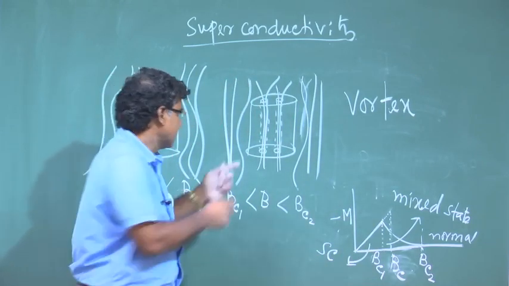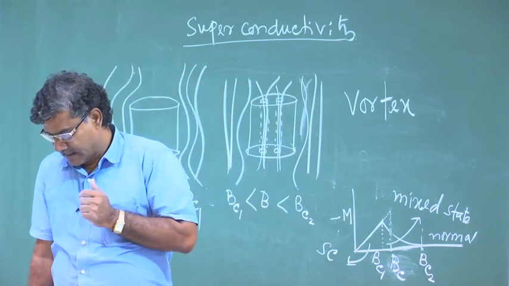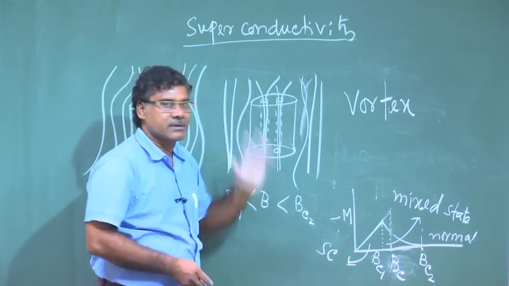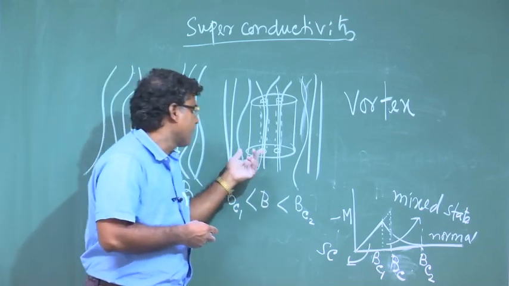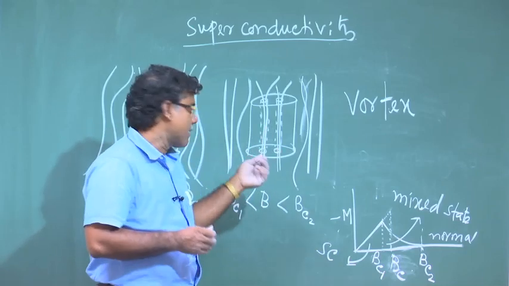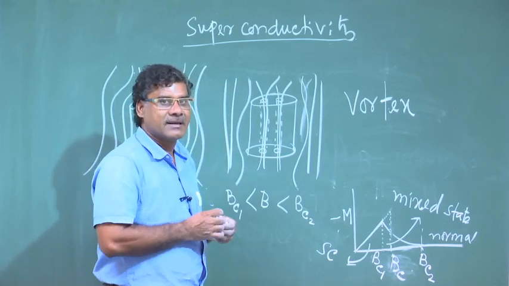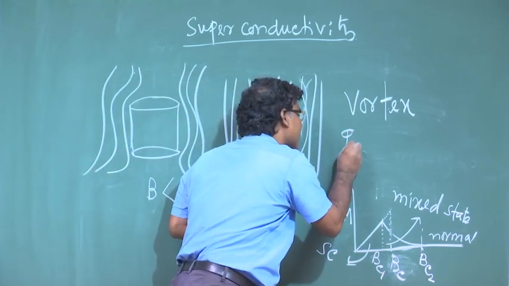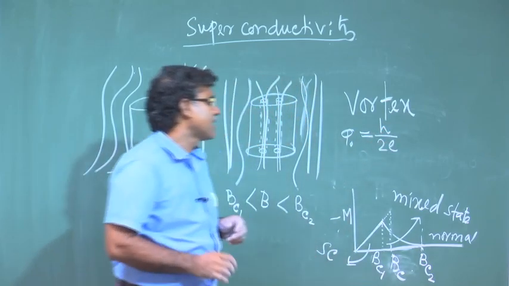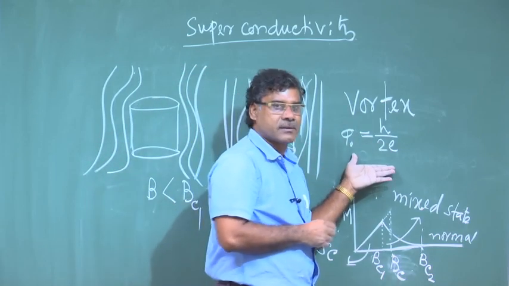And the interesting thing is how much magnetic field will pass through this vortex. Any amount of magnetic field cannot pass through this. The amount of flux that passes through it is phi 0, which is equal to h by 2e, and it is a constant.